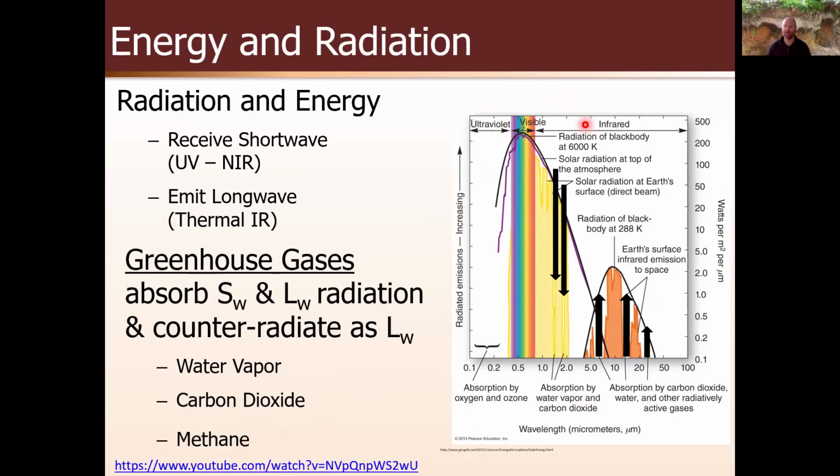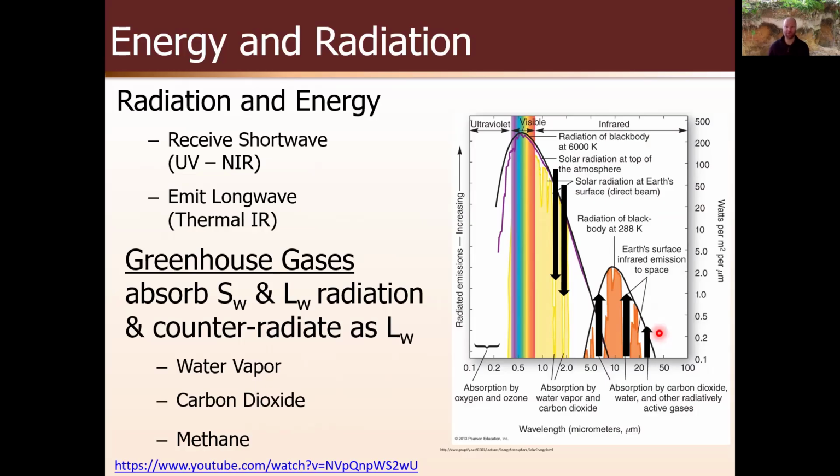Most of the energy coming into Earth is in the form of this shortwave radiation. The Earth, and the atmosphere too, absorbs radiation and then re-emits it as long wave radiation, most of it emitted as thermal infrared energy, which is a form of long wave radiation.